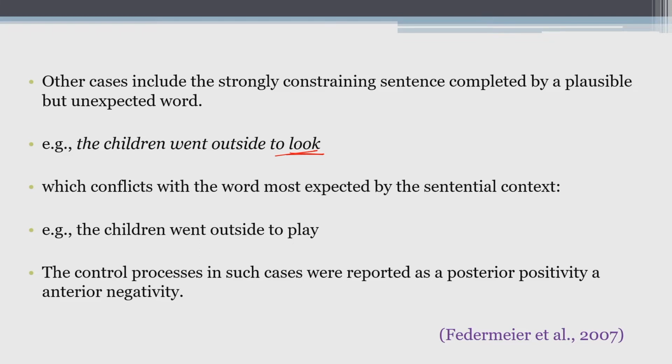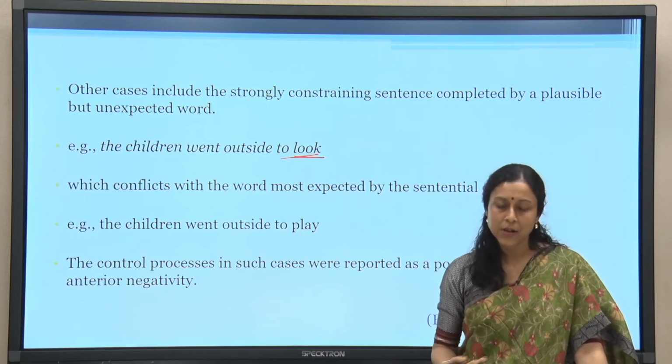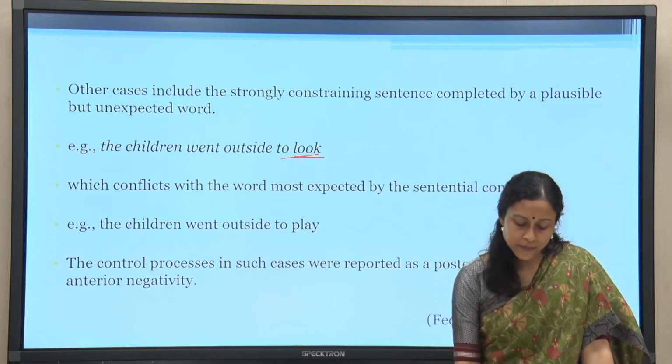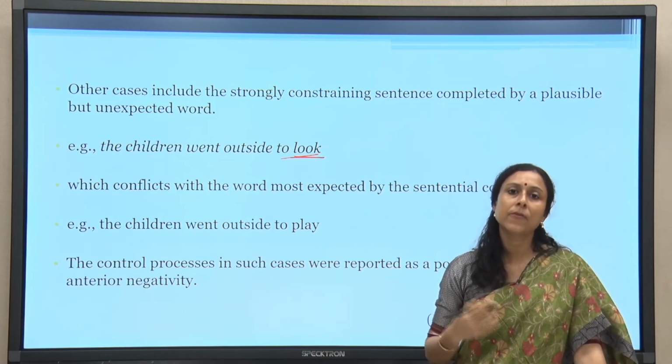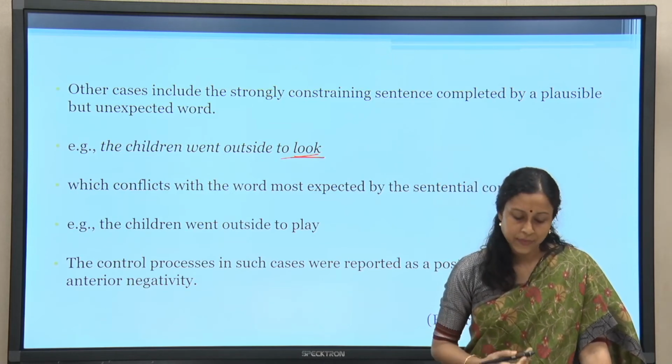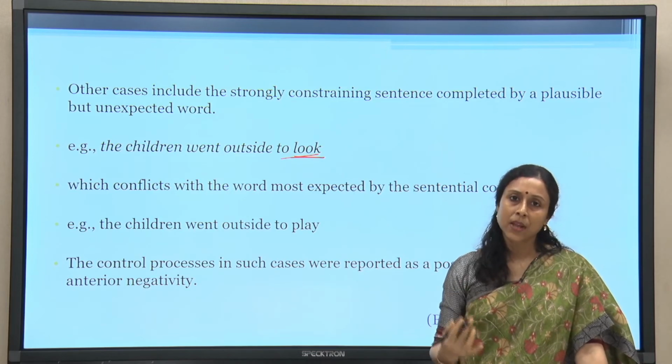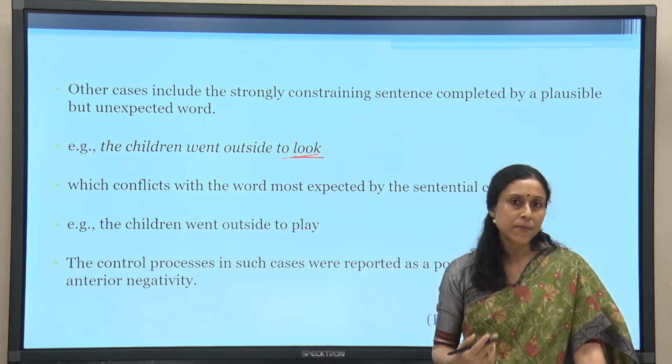A typical sentence would be the children went outside to play, not outside to look. So, this is where again you need an inhibition of the preferred interpretation, thereby there is a kind of conflict that needs to be monitored.